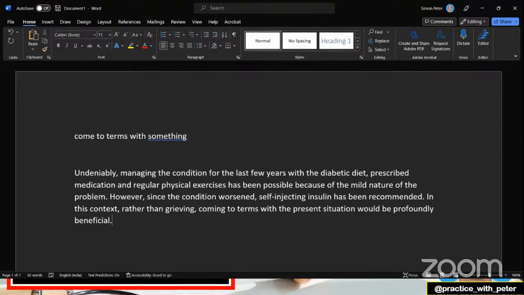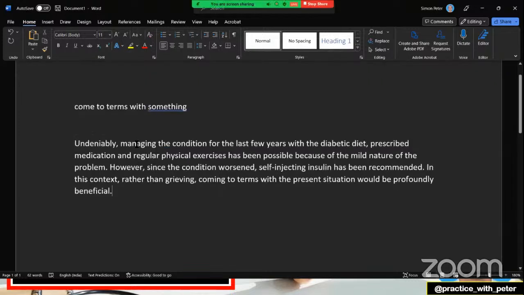So this is the way how you can undeniably managing the condition for the last few years with the diabetic diet, prescribed medication, and regular physical exercises has been possible because of the mild nature of the problem. However, since the condition worsened, self-injecting insulin has been recommended.